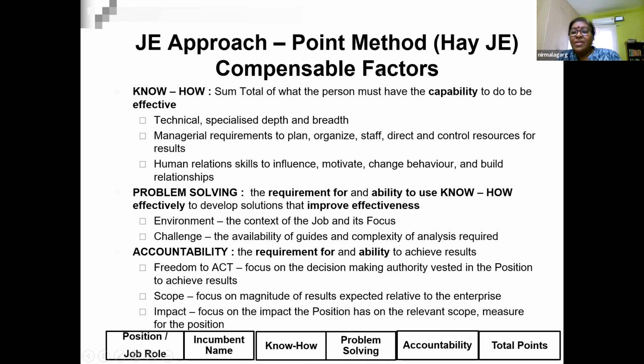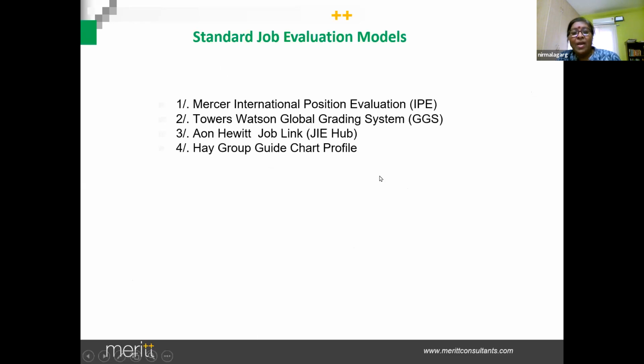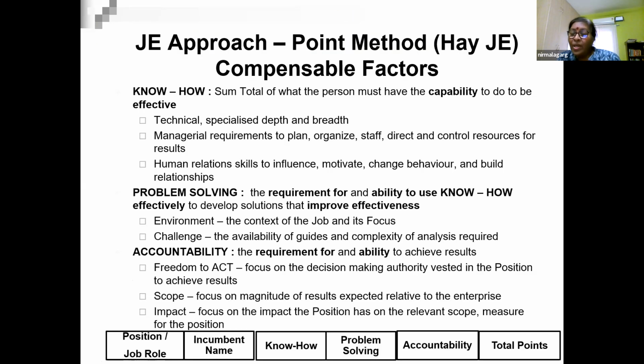But the advantage of using the Hay method is that they have market data available across all locations, across all geographies, globally. Because of that, it becomes a great advantage when you want to benchmark, as you have accurate, authentic benchmarked data.